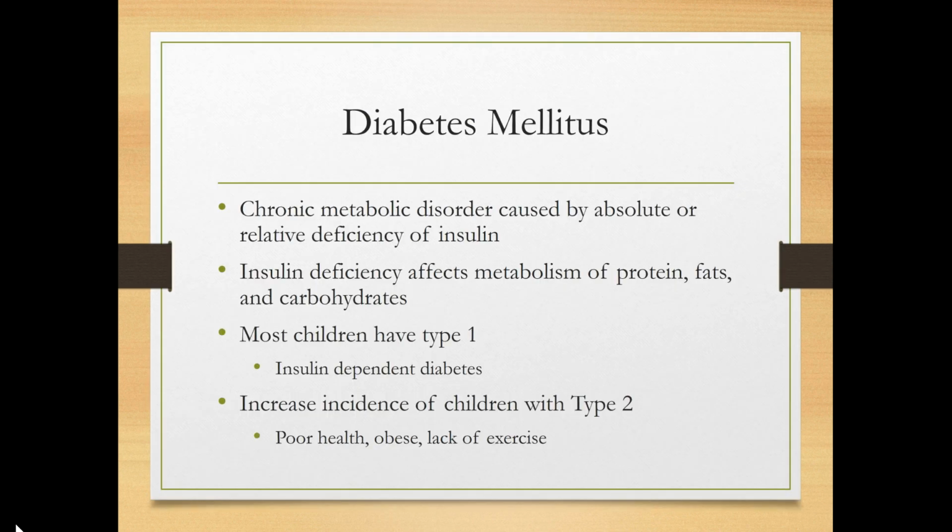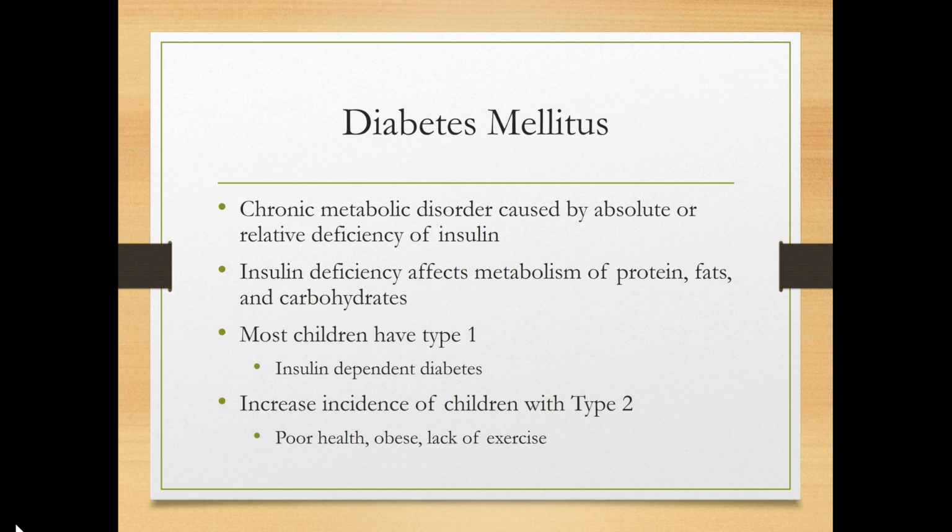So first we're going to go over diabetes mellitus. It is a chronic metabolic disorder. As we talked about in class, most children have type 1, which is insulin-dependent diabetes. They have little to no production of insulin, so they need insulin because their body's not producing it.